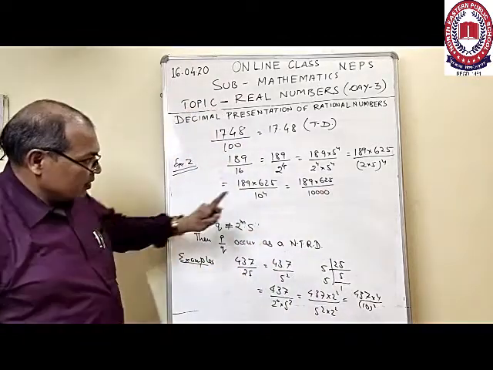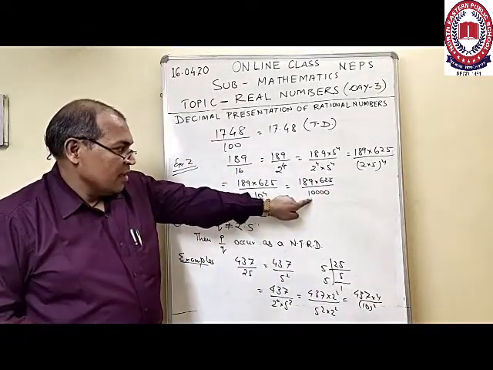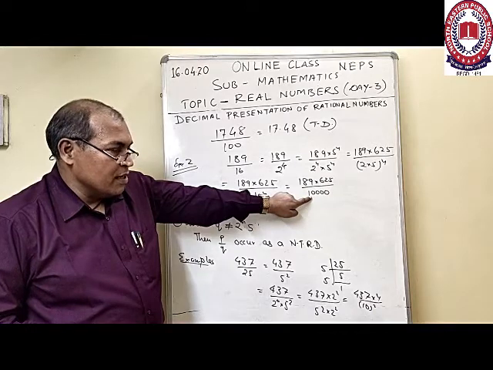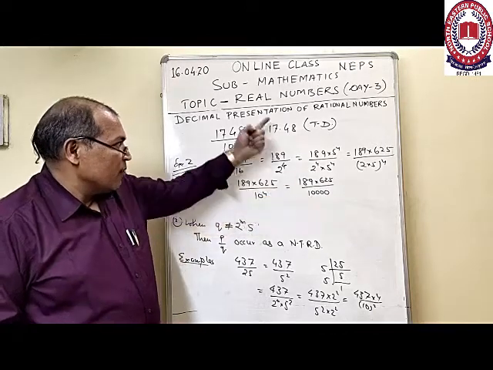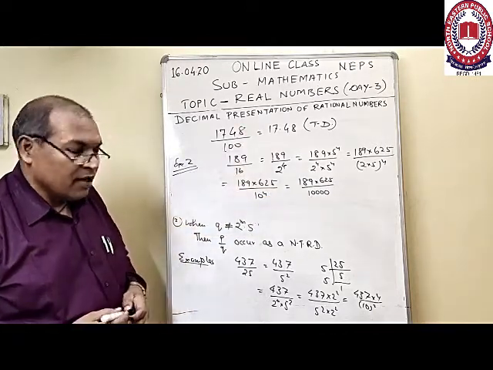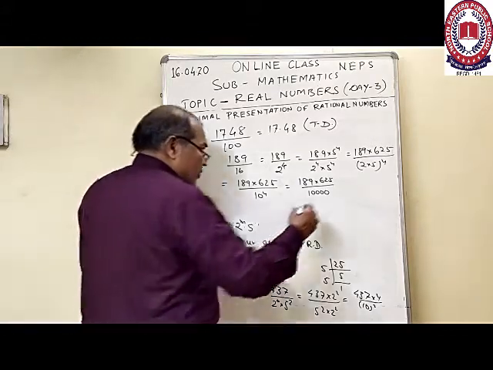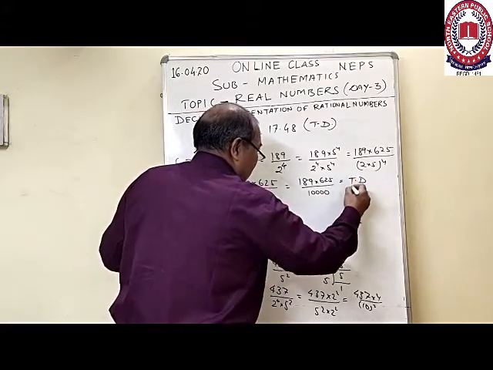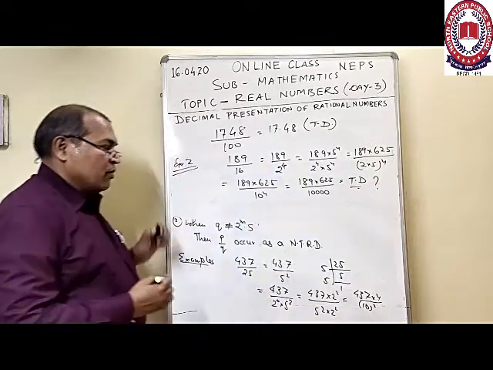or that can be written as 189 into 625 upon 10,000. So whenever the denominator changes into the form of a product of tens, that number can easily be written in terminating decimal form. So this will always represent a terminating decimal. You have to calculate this value.